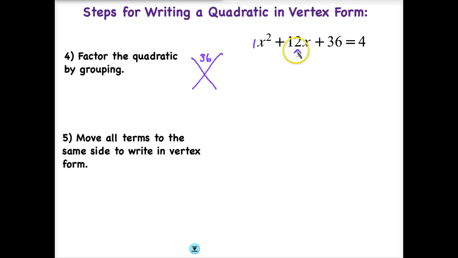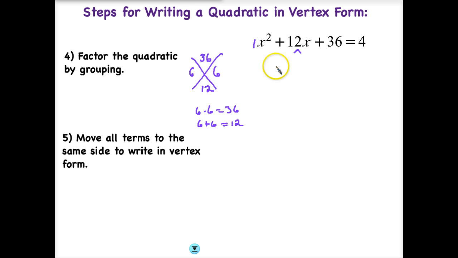And in the bottom of our x, we use our middle term, 12. Then we ask ourselves, what times what is 36 that adds to be 12? We know that is 6 times 6, right? 6 times 6 is 36, and 6 plus 6 is 12.